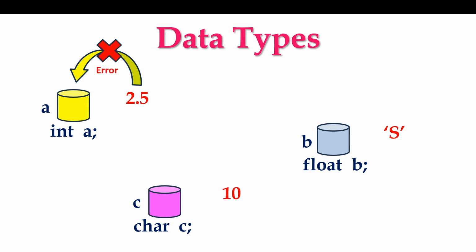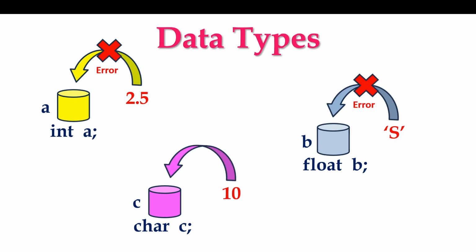Like that, if you want to store the character S in the container B, is it possible? No, because B is of float type, where you can only store float as well as int type of values. So if you store character type of value in the container B, it shows an error.